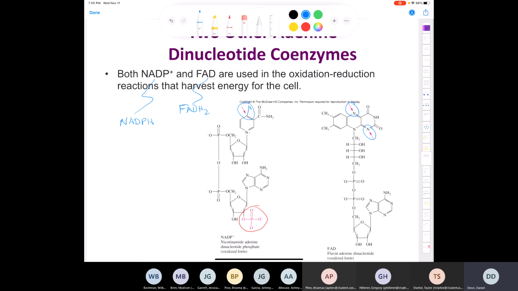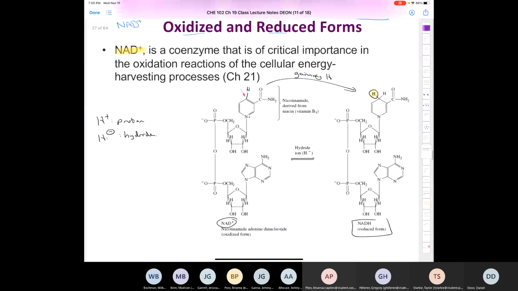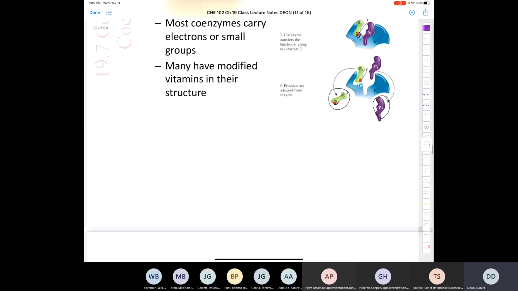It's probably nothing new to those people. If it's new to you, we're going to look at these even more in chapter 21. But the take-home message from chapter 19 is that these are coenzymes. And if we back up a little bit, where did it say it here?